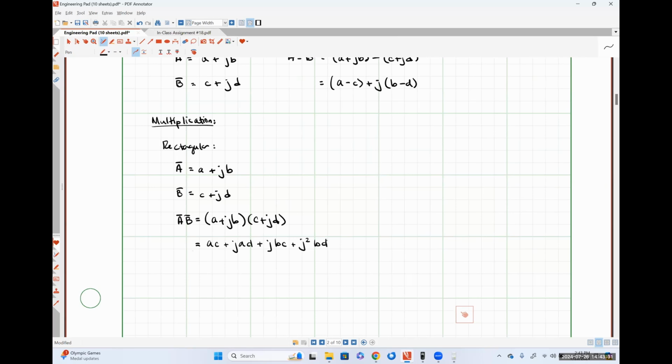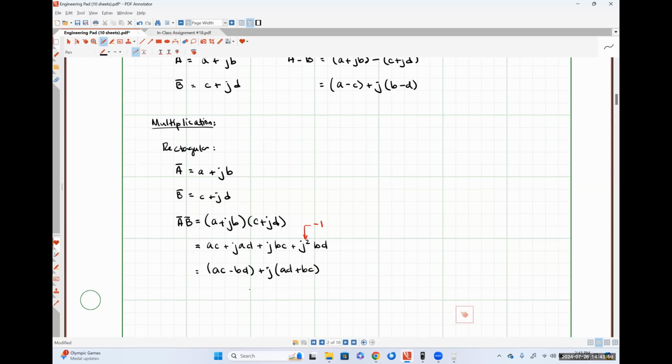Thank you for that, Haley. So if we replace j squared with -1, we can break this down into its constituent real part and imaginary part. The real part would be AC - BD, and the imaginary part would be AD + BC, like so.